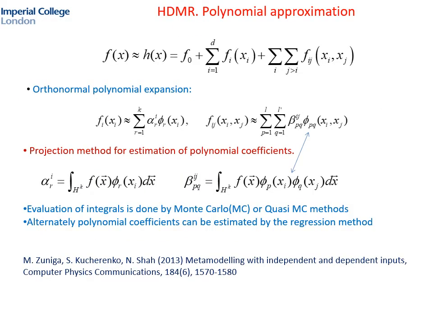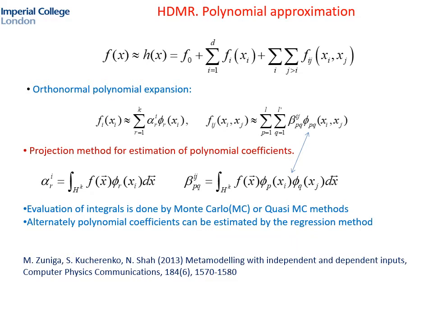Once we assume this form for ANOVA decomposition, each of these terms in ANOVA are decomposed using orthogonal polynomial expansions, as given here for f_i(x_i) and f_ij, where phi's are orthogonal polynomials.